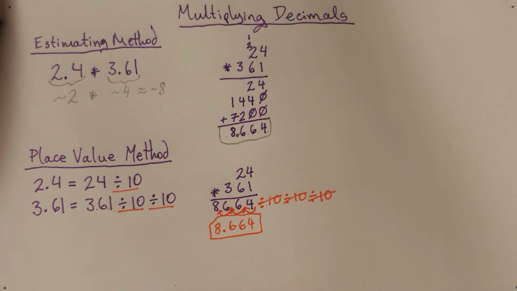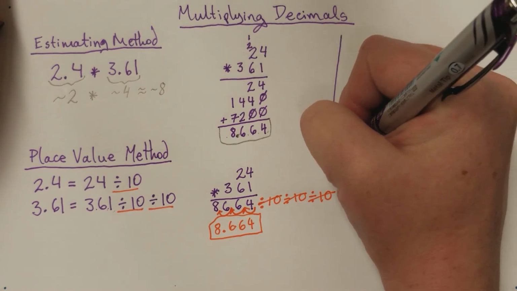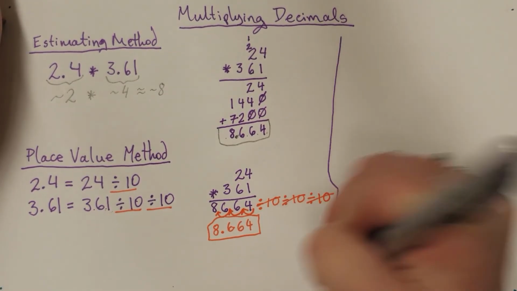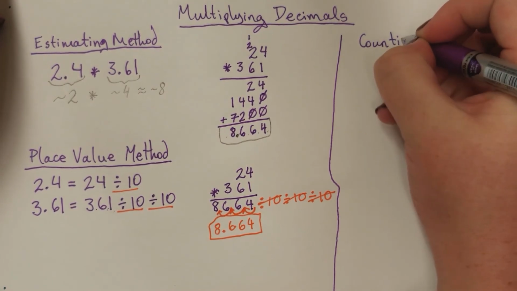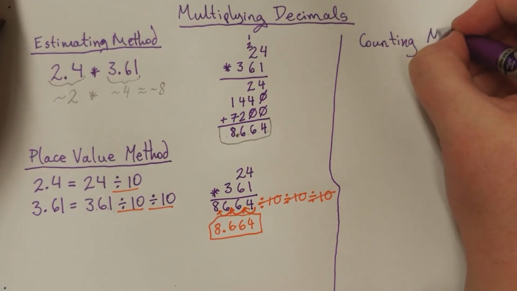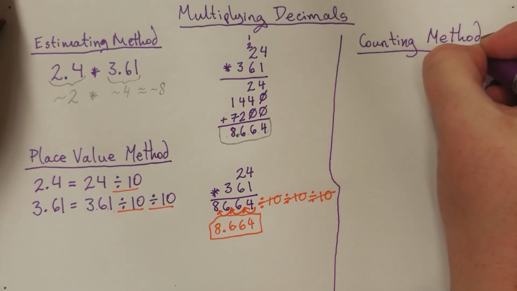And I know a lot of people who really prefer the counting method. So I'm going to put it over here. So I'm just going to draw a line around all this. The counting method, shockingly enough, involves, yep, that's right, counting.